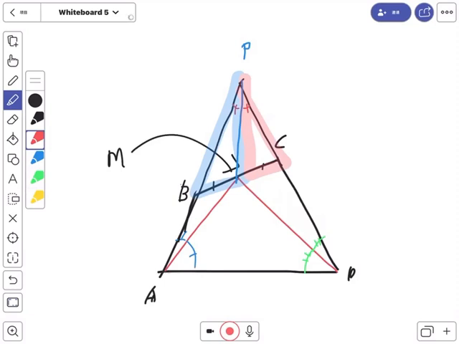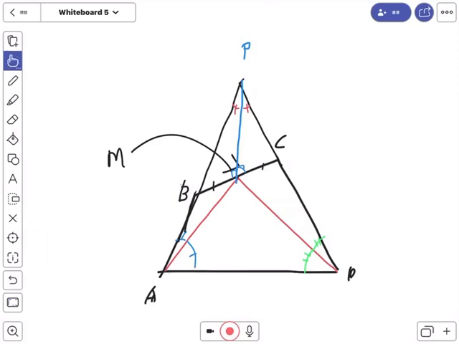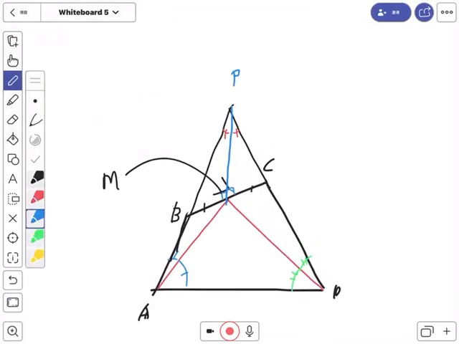M is the midpoint of BC, and M also lies on the angle bisector of angle BPC. This basically means that these two are right angles, right? And this tells us that BP is the same length as PC.